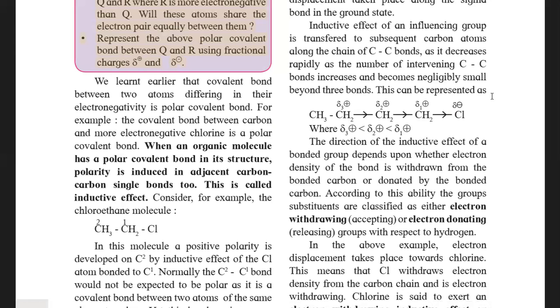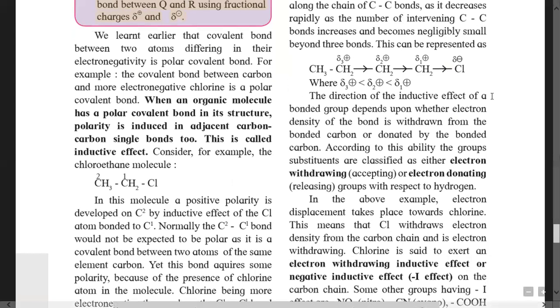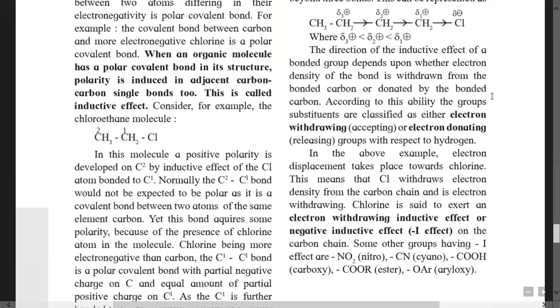According to this ability, the substituent groups are classified as either electron withdrawing, that is accepting, or electron donating, that is electron releasing, groups with respect to hydrogen.